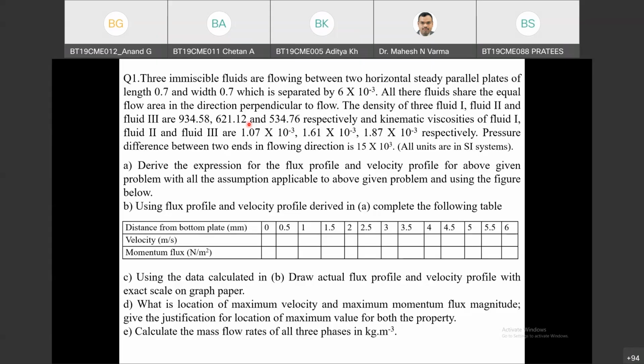Sir, the viscosities of all the fluids are coming nearly the same. Roll number 63, Shreyas. So the viscosities of all three fluids are nearly the same.